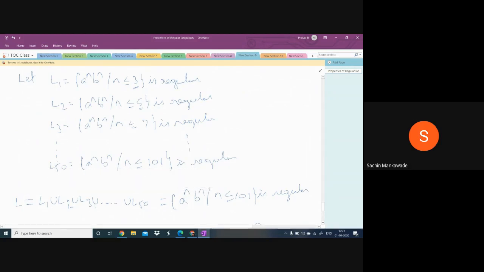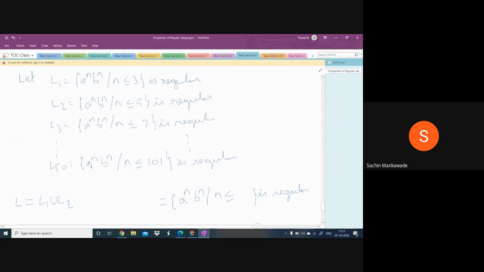If I take the union of L1 and L2, what is L1? a^n b^n with n less than or equal to 3, meaning epsilon, AB, A squared B squared, A cubed B cubed are the strings. And what is L2? Epsilon, AB, A squared B squared, A cubed B cubed, a^4 b^4, a^5 b^5.